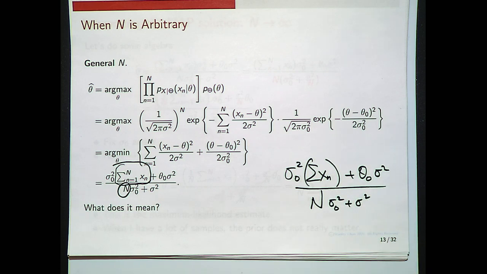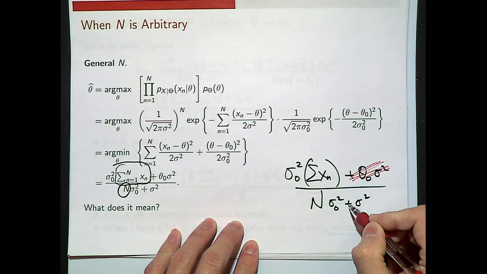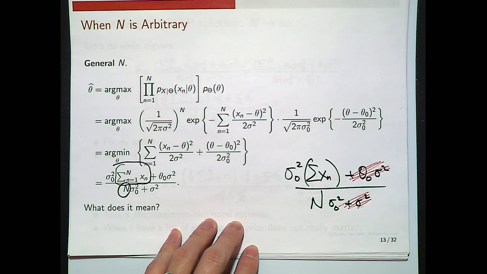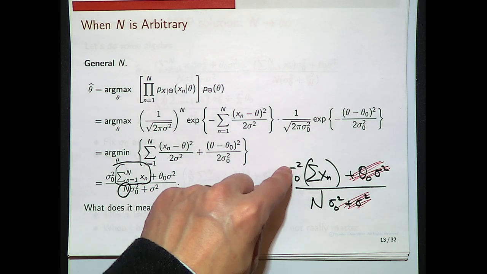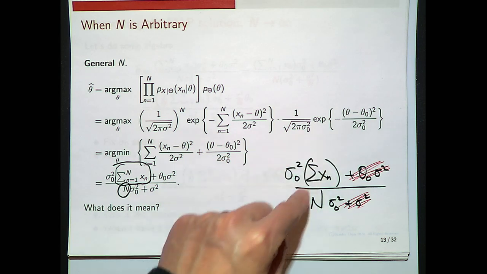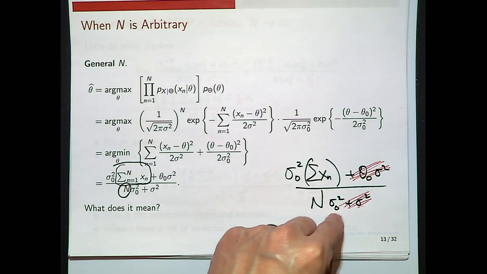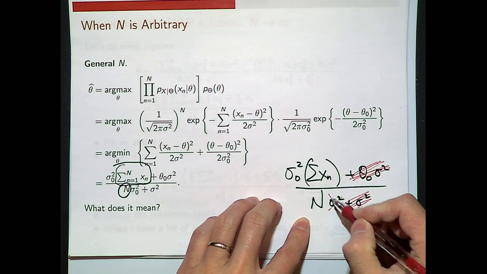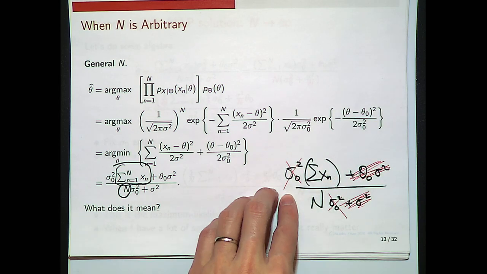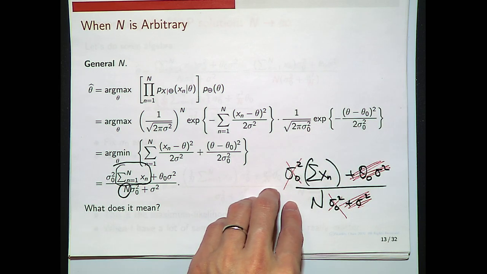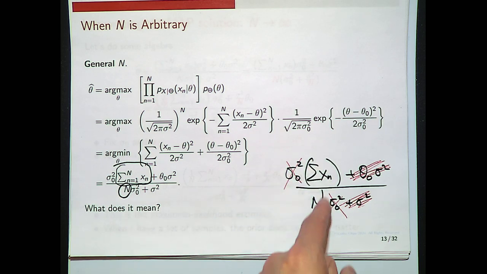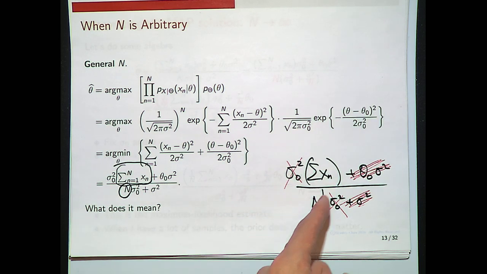Okay, so now you can ignore these two terms when n is big, right? Then you have sigma 0 squared times this divided by sigma 0 squared times n. You can further ignore this sigma 0 squared because it's common in both the denominator and numerator. Then you get this result. What is it? This is just the maximum likelihood solution.